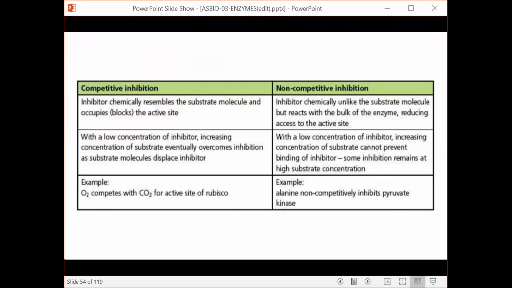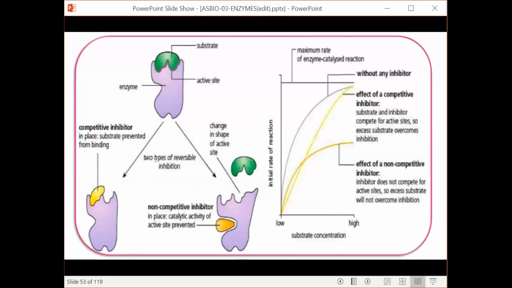You can take a screenshot of this, giving a brief discussion of the difference between the competitive and non-competitive inhibitors. Previous slide. Okay, this one.